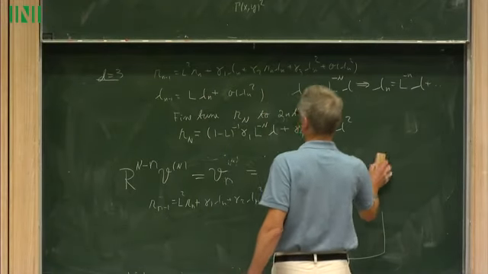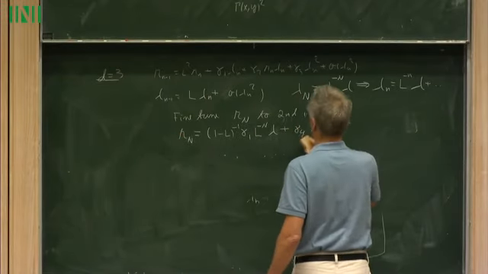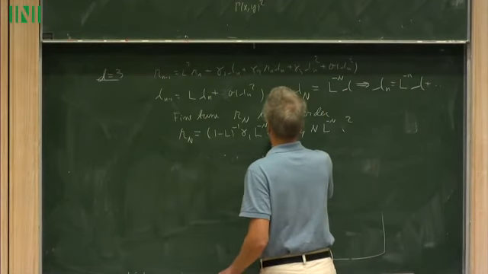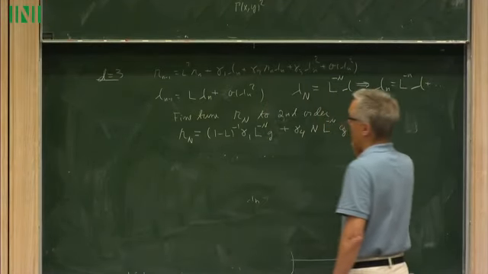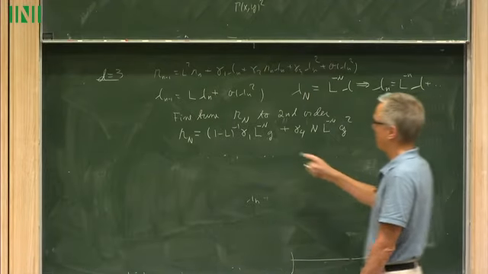I'm sorry, I was calling it g and not lambda. So you have to fine-tune two terms. There are two counter terms.